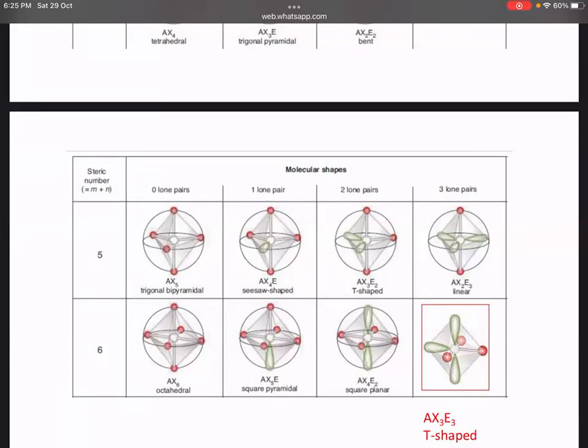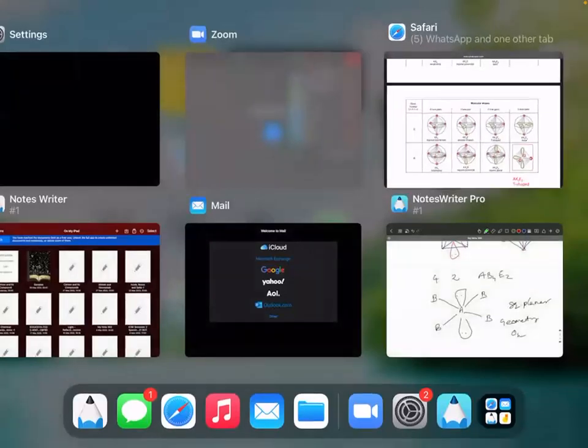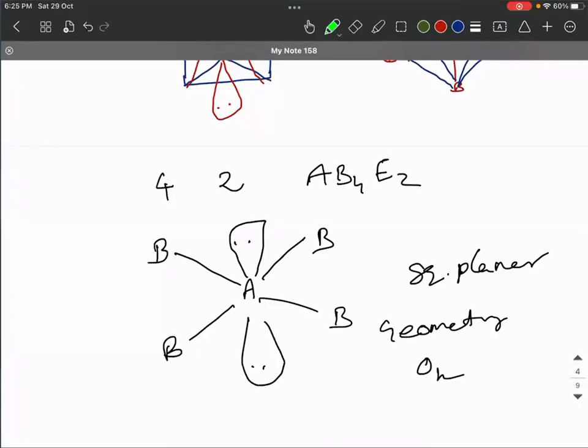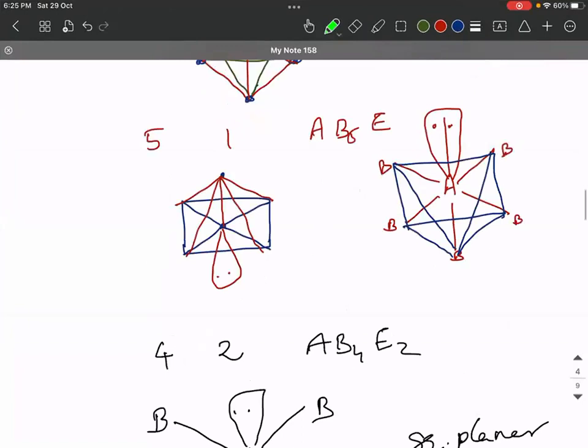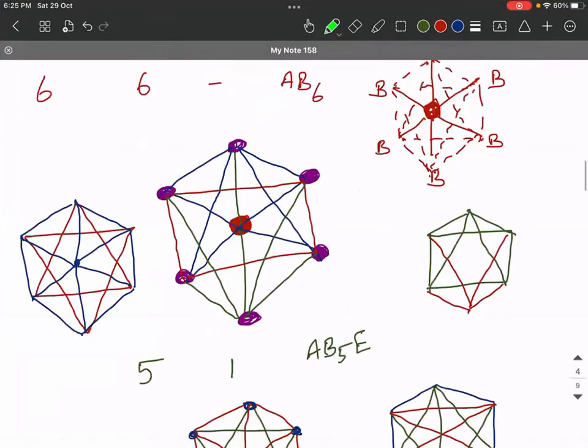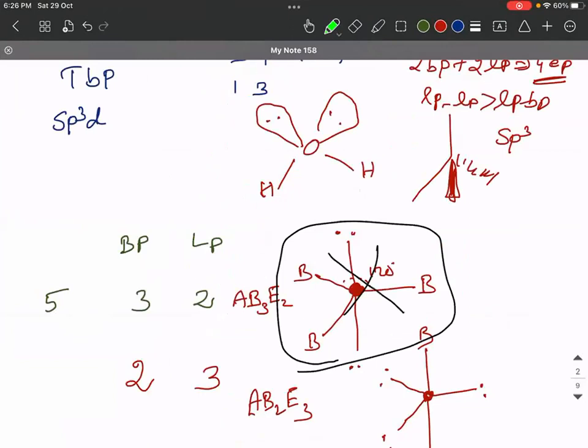I drew it wrongly here. This will not be the shape. The shape will become A, B, B, B, and 2 lone pairs on this. Okay, then only it becomes T shape.